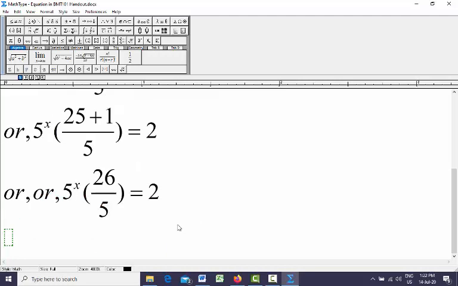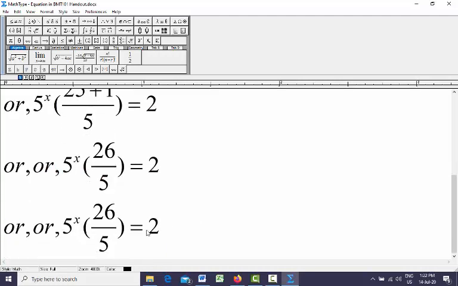So now if we move this one to the right hand side, under the rule of cross multiplication, what will we get? If you move this one to the right hand side, under the rule of cross multiplication, 5 will go there.